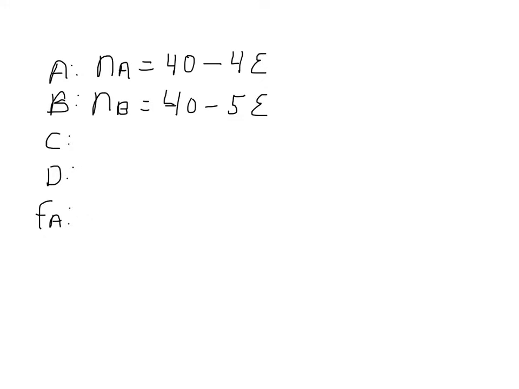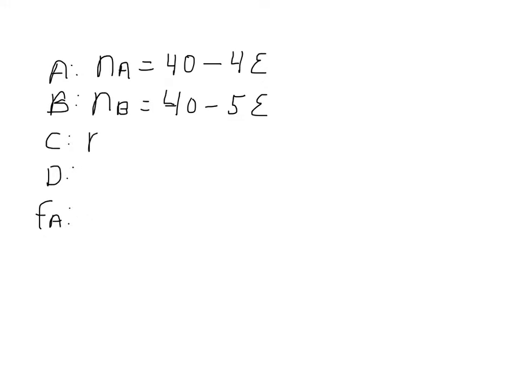So the mole balance for A, using extent of reaction, is the amount coming out is equal to the amount fed, which was 40 moles, minus the extent of reaction times its stoichiometric coefficient, which was 4. So 4 times the extent of reaction. It's a reactant, so the stoichiometric coefficient is negative. For B, we have Nb is equal to 40, that's the amount fed, minus 5 times the extent.